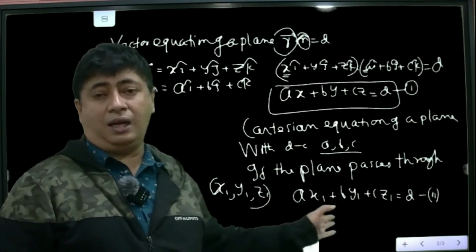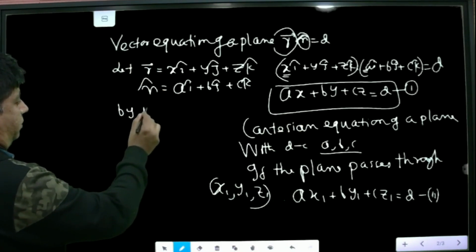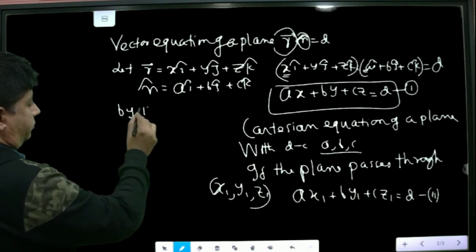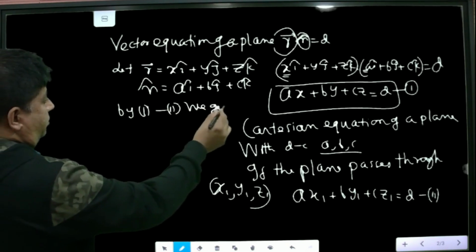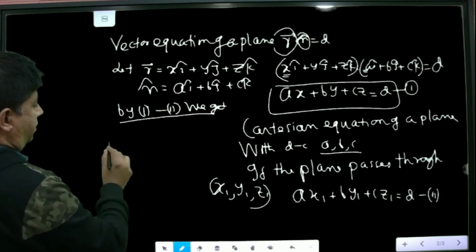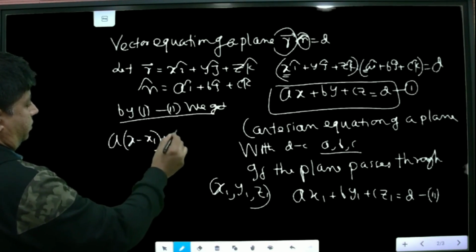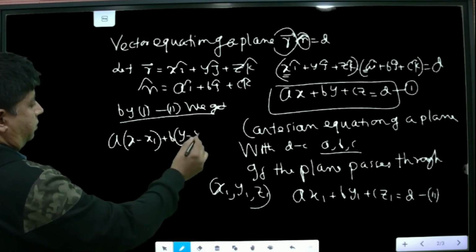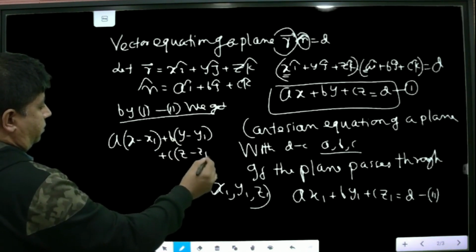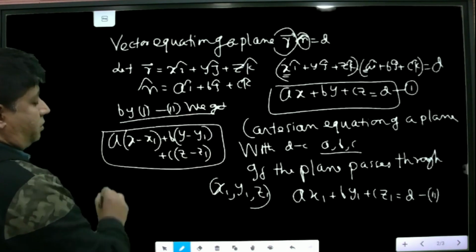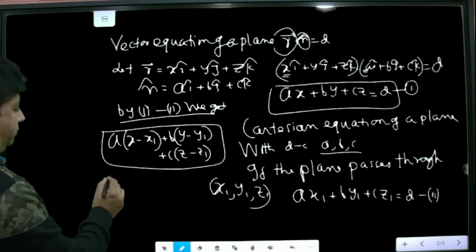Now you subtract 2 from 1. By 1 minus 2, we get a new equation of plane.